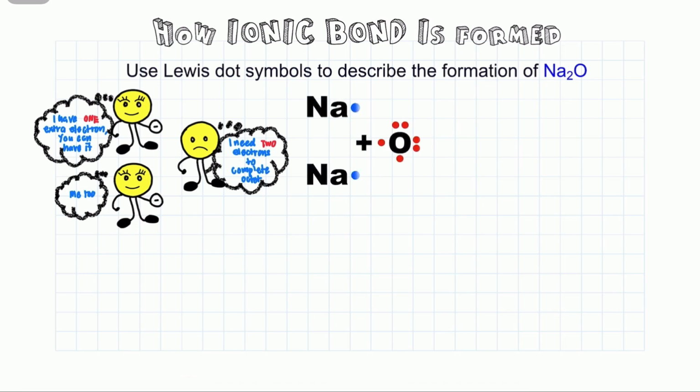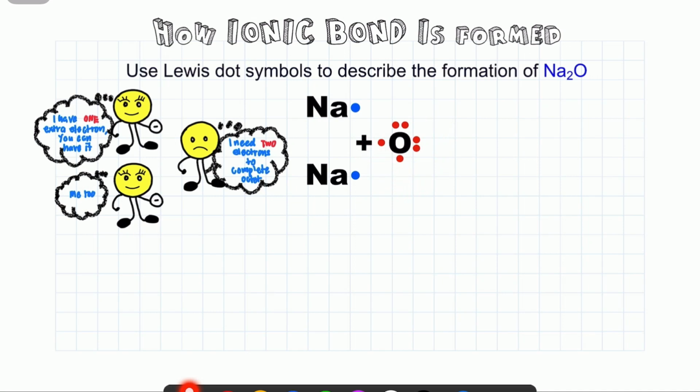By using the Lewis dot symbol, of course you need to show the valence electrons by using the Lewis dot. For the example, sodium has 1 dot here. For the oxygen, you can see that there are 6 dots, and you can see there are 2 single electrons.